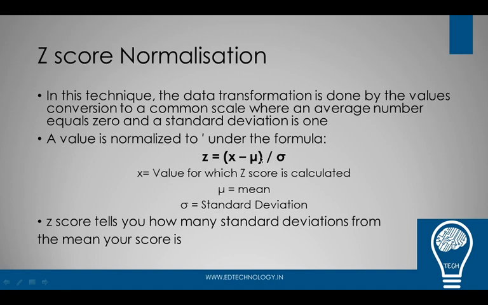And in the examination, because this kind of sum is asked a lot in university exams, one more parameter would be given here, which is the standard deviation. When you put the values into the equation you get the z score, and the z score tells you how many standard deviations from the mean your score is. Let us see that by an example and you will understand it better.